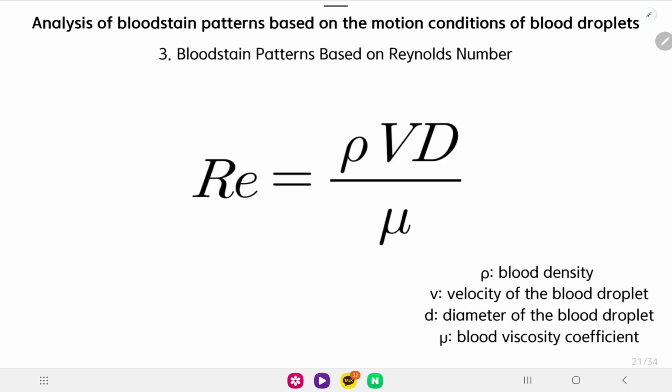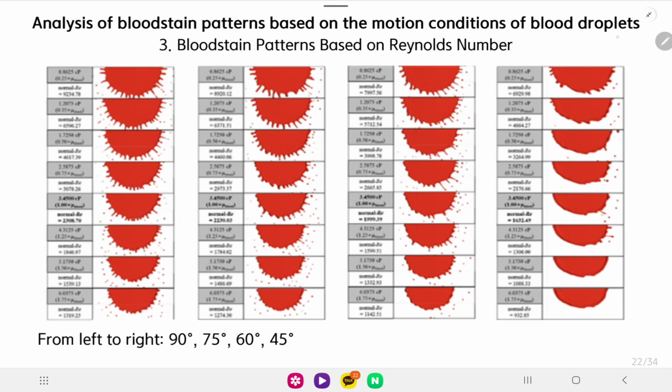Bloodstain patterns are influenced by multiple factors, including both droplet size and impact velocity. To quantify their combined effects, we analyzed bloodstain patterns in relation to the dimensionless Reynolds number, which describes the balance between inertial and viscous forces in fluid dynamics. The Reynolds number is defined as the product of blood density, impact velocity, and droplet diameter.